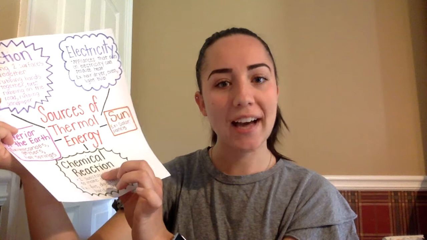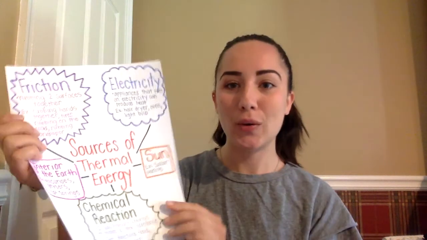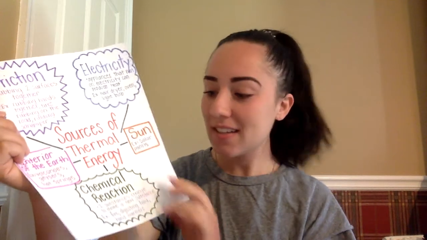Let's look at the next one. A chemical reaction. Is the fire made from a chemical reaction? Yes, because that wood that's burning is combining with the oxygen gas in the air, and those materials are combining together to make a new substance, to make fire. So that wood burning fireplace is a chemical reaction.